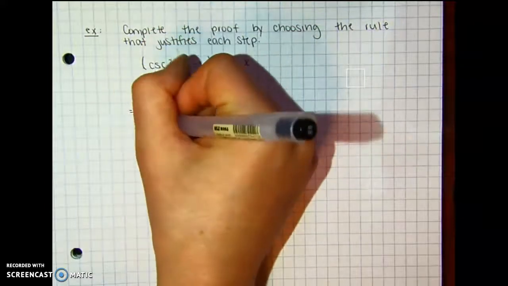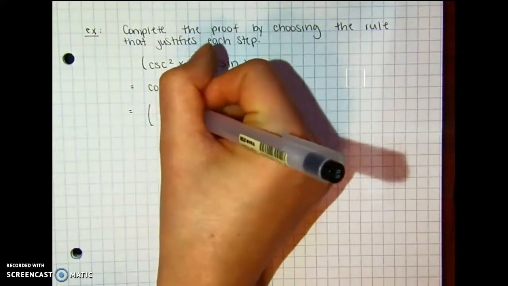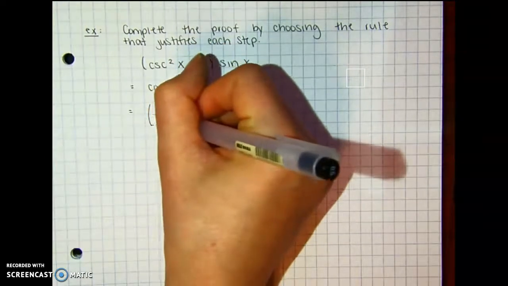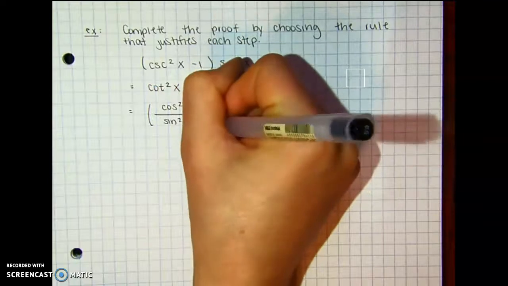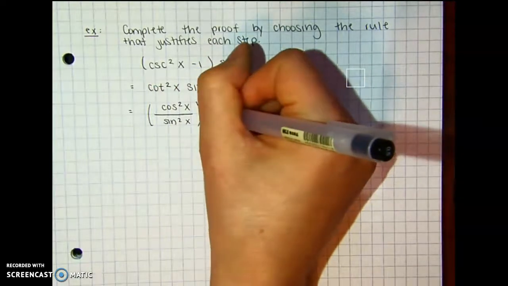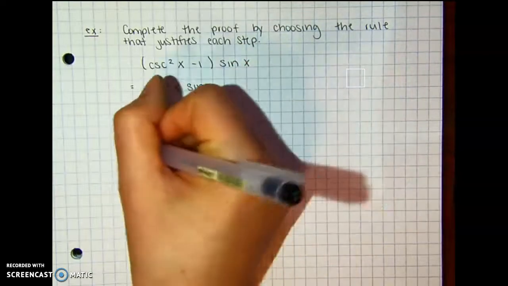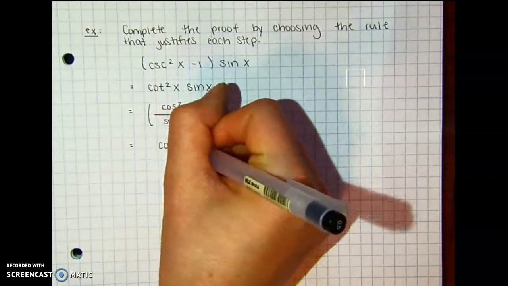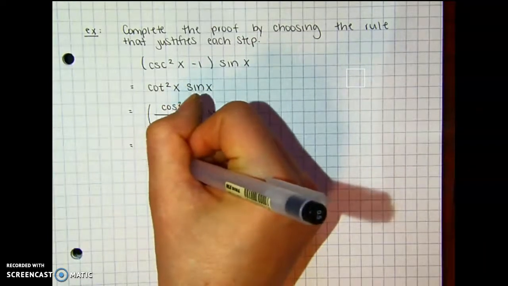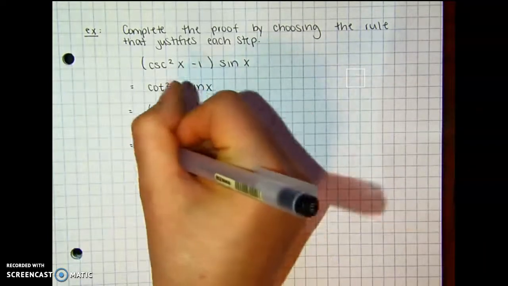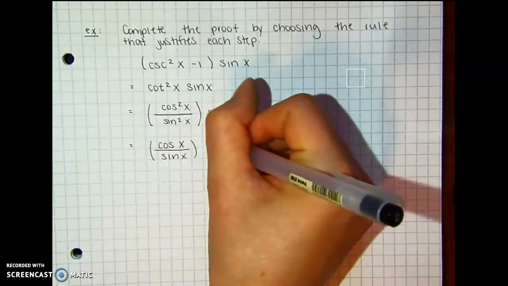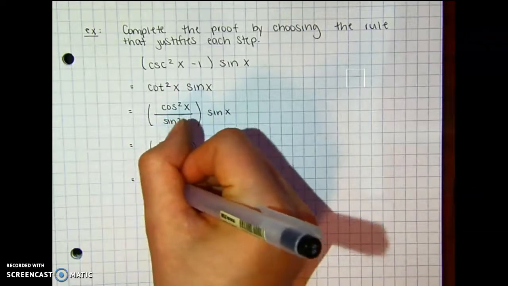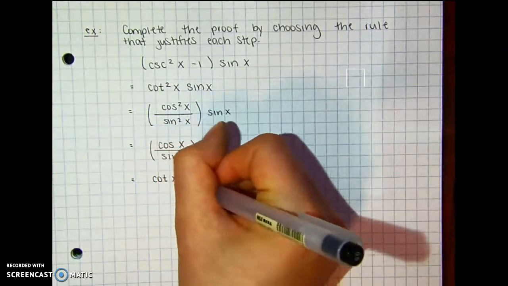Then that became cosine squared of x divided by sine squared of x times sine of x. That became cosine of x over sine of x times cosine of x. And then that became cotangent of x times cosine of x.